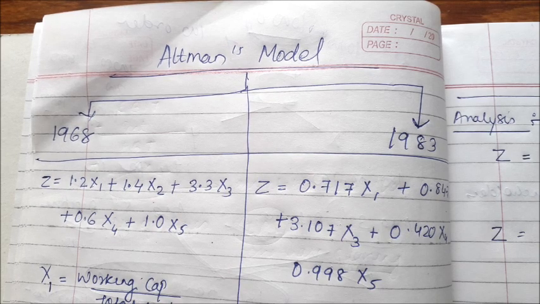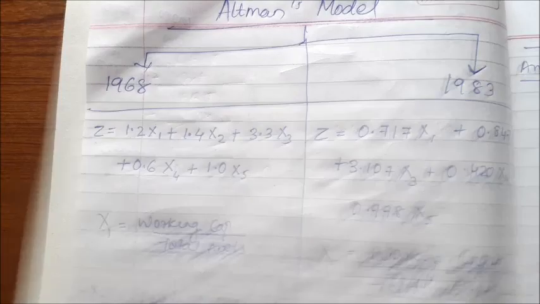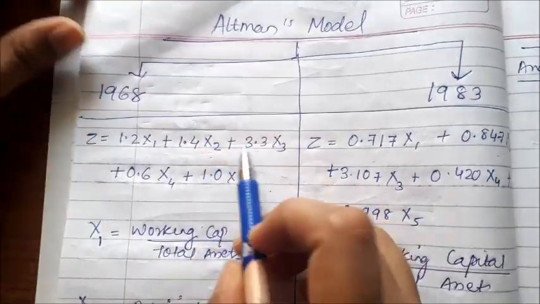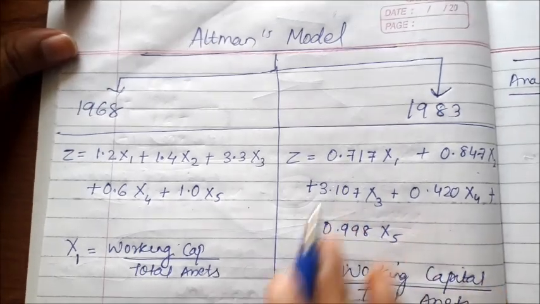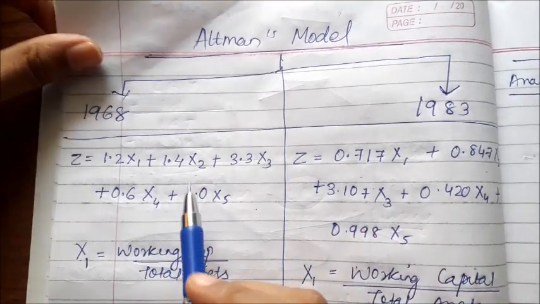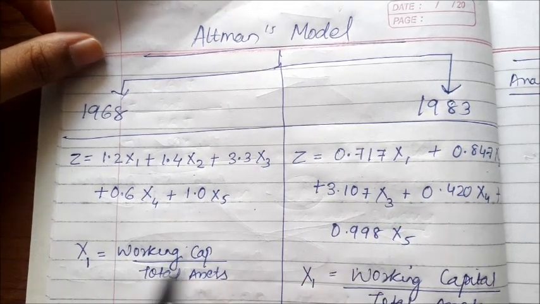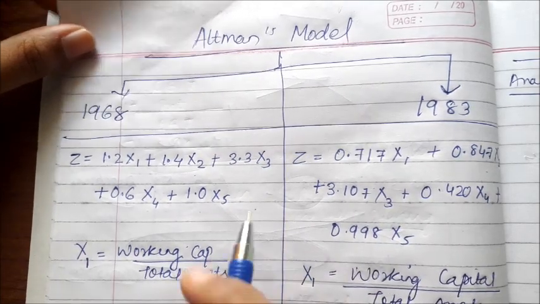There are two models in this, the 1968 model and the 1983 model. There are only slight differences in the formulas provided.